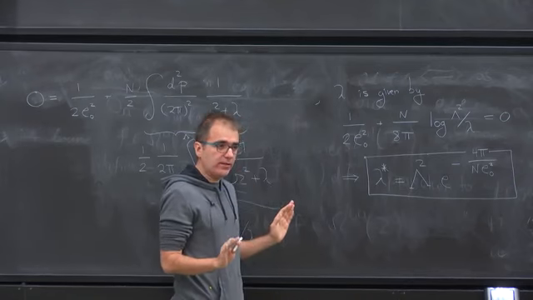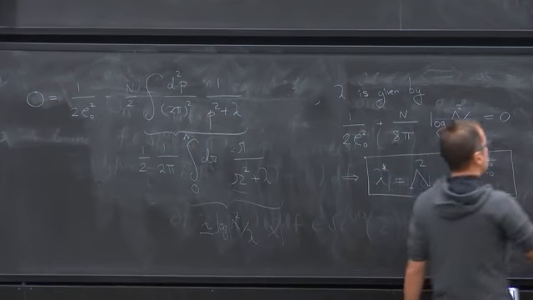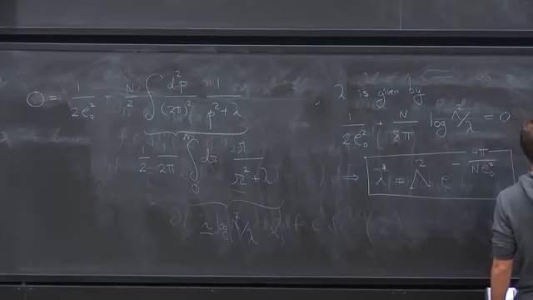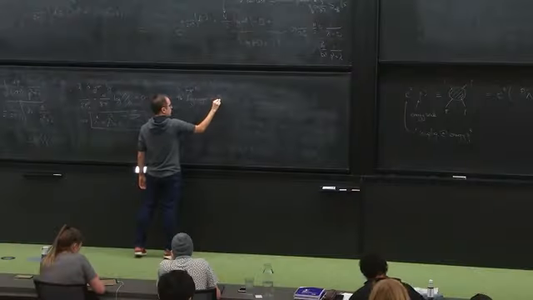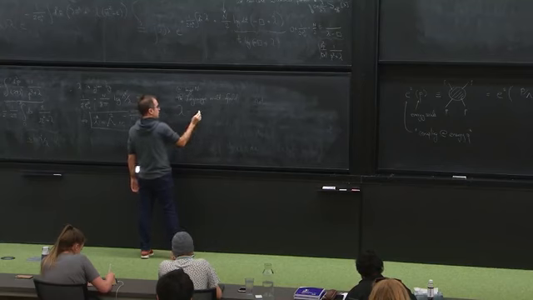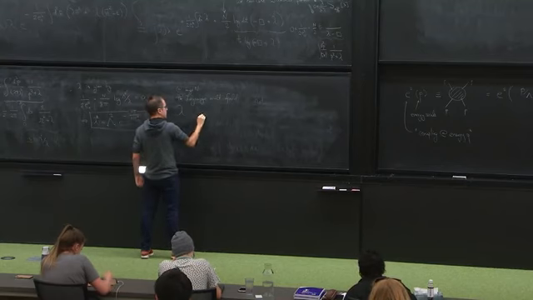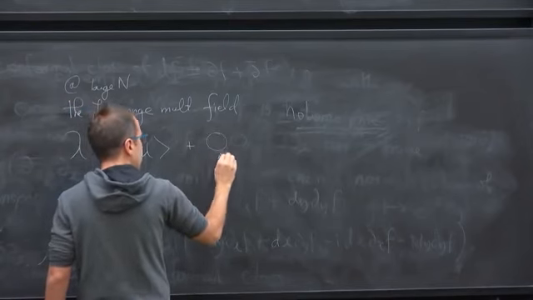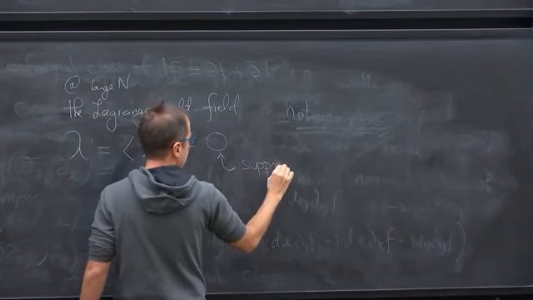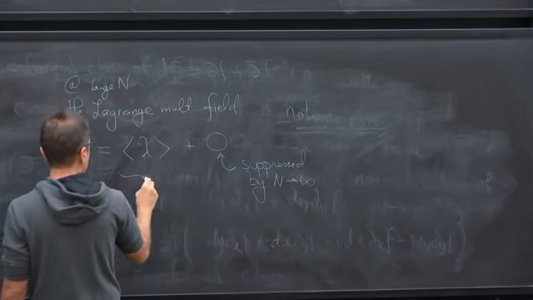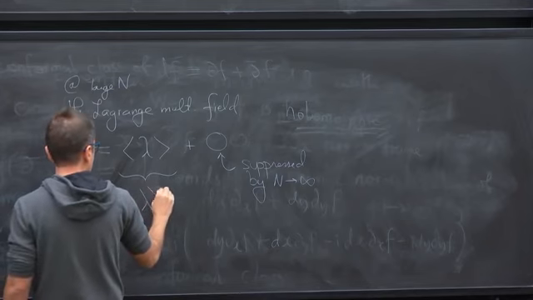Okay. Now let's zoom out a bit from the algebra and say, what does it mean? So the conclusion is that at large n, the Lagrange multiplier field lambda is equal to some expectation value of lambda plus 0, where this 0 is fluctuations that are suppressed by the fact that n goes to infinity, and this expectation value of lambda is nothing but this lambda star.